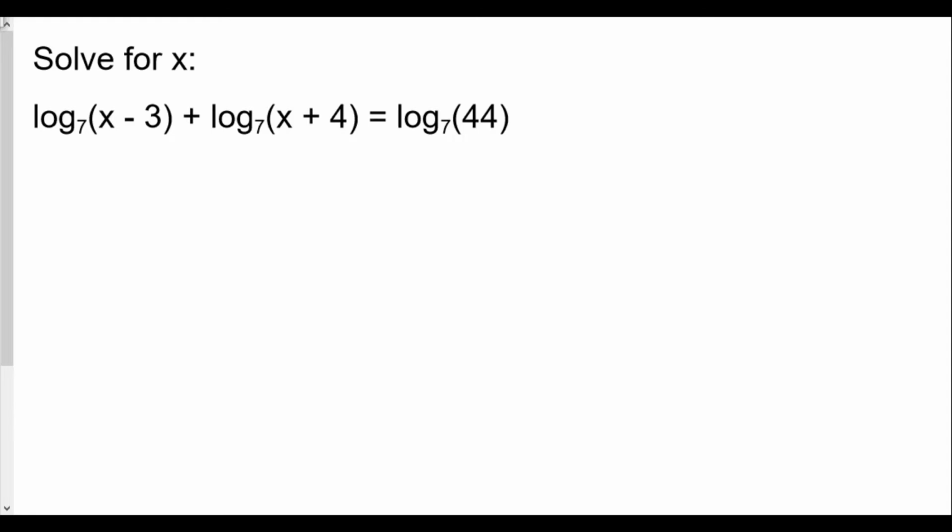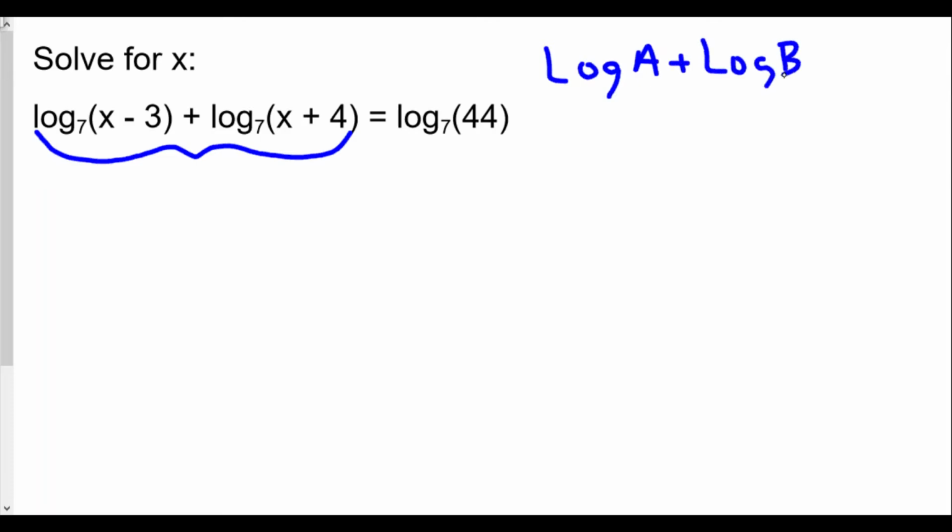Let's solve for x. The very first thing we want to consider is that whenever we see a log equation where we have two logs either adding or subtracting each other, here we're adding, we want to combine them into a single log. We use our product rule, which says that if we have log of A plus log of B, we can combine them to get a single log of A times B. So we multiply the insides.